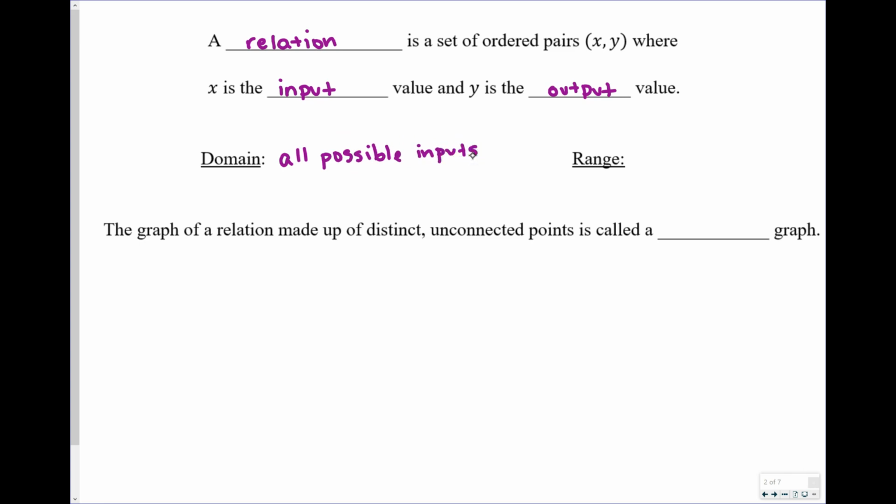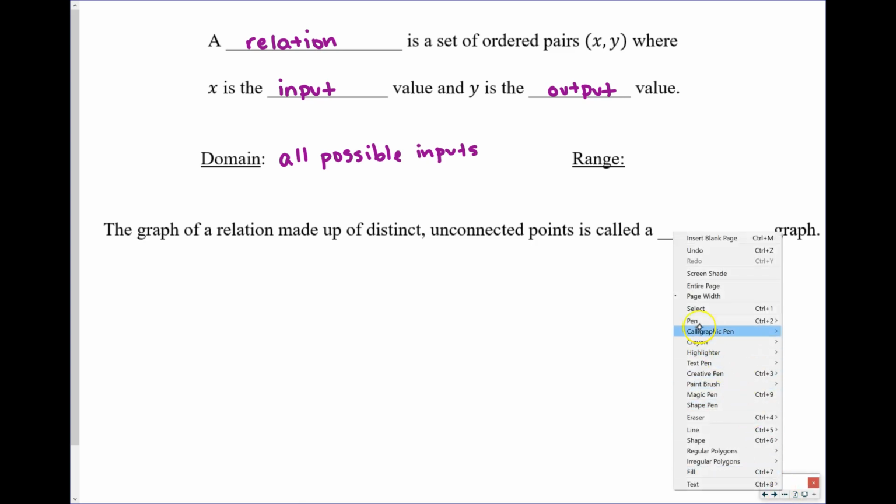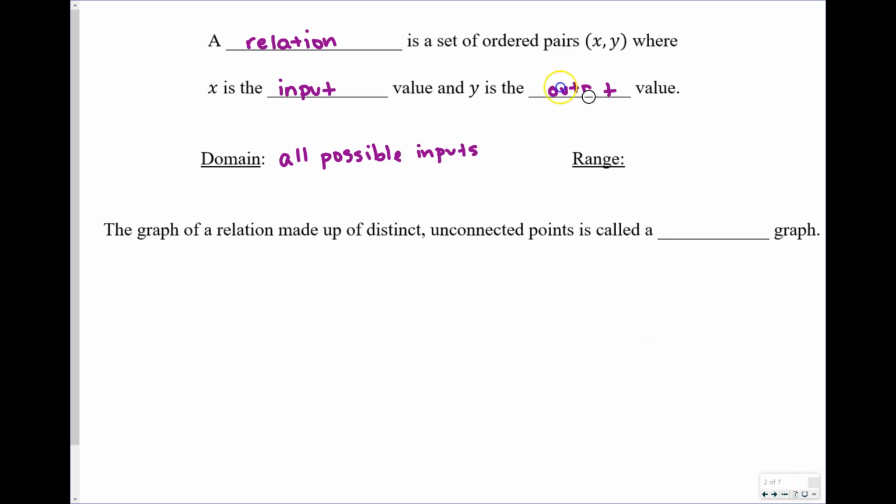So X is our inputs, and the domain is all of the possible inputs we can have in that relationship. The range, let me use different colors here because I think that might help, so here we'll make Y be red, is all the possible outputs. Right now, this may not make any sense to you, but it will when I do a couple of examples. Right now, we're just getting some language down, okay?